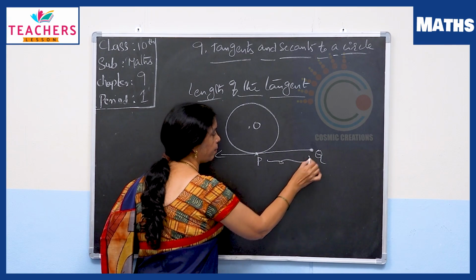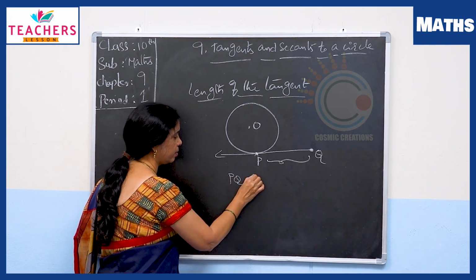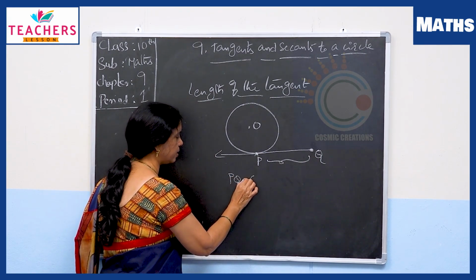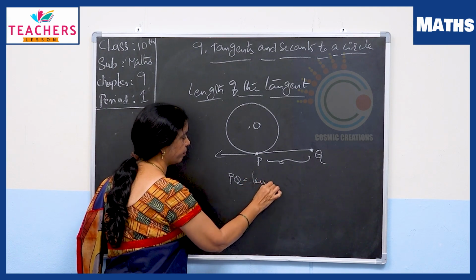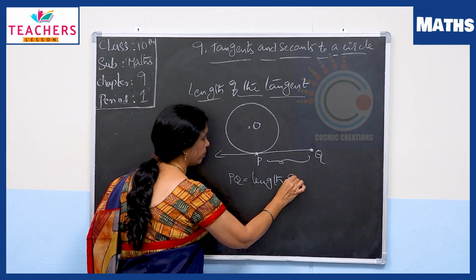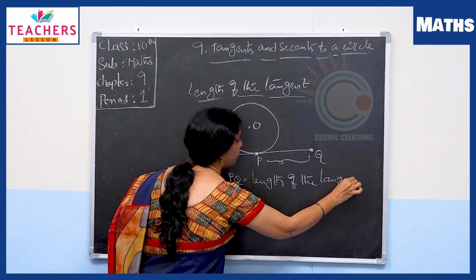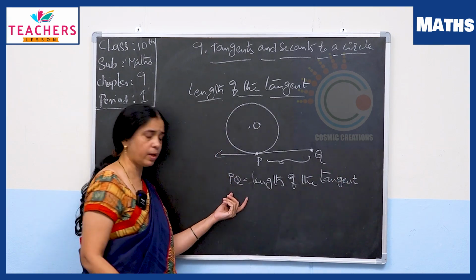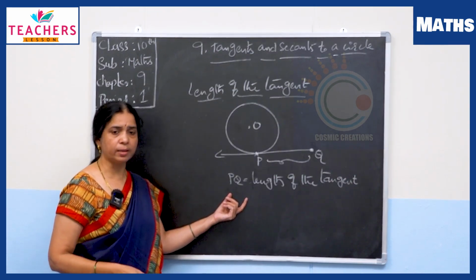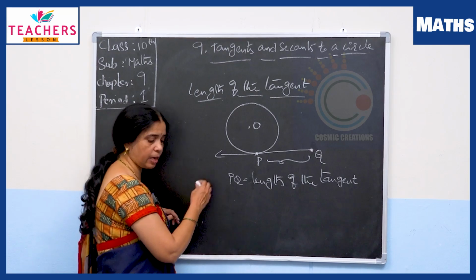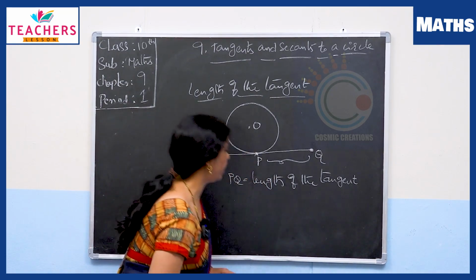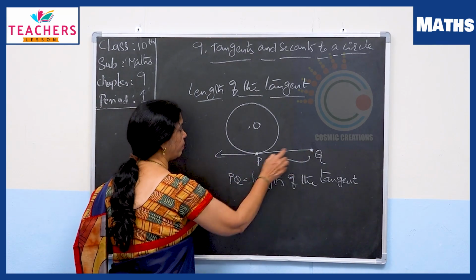Here, PQ is called the length of the tangent. How can you find the length of the tangent? We will see now. How can you find PQ from this point?